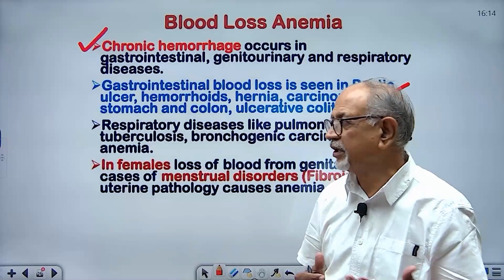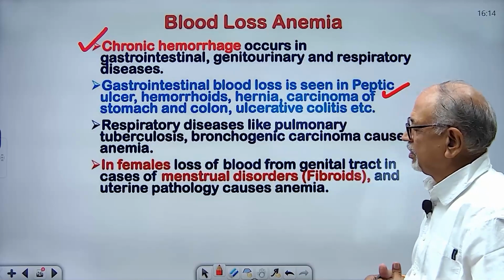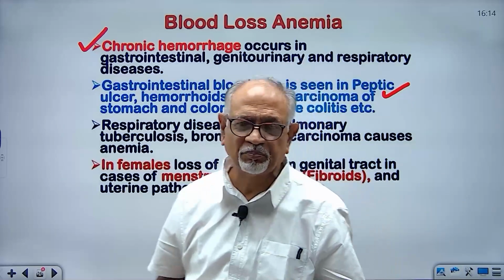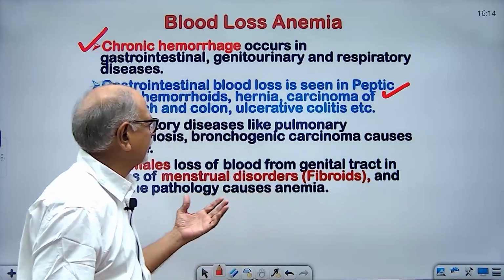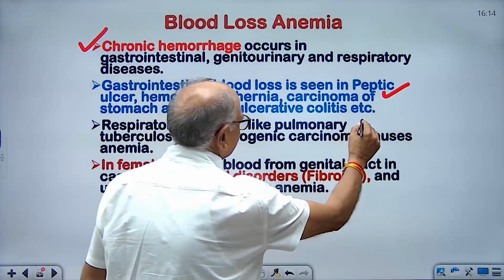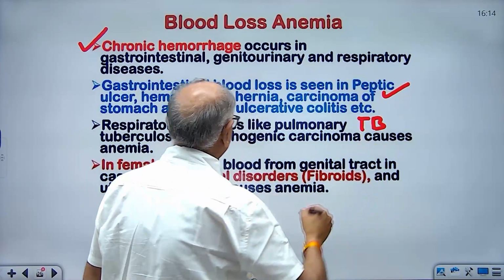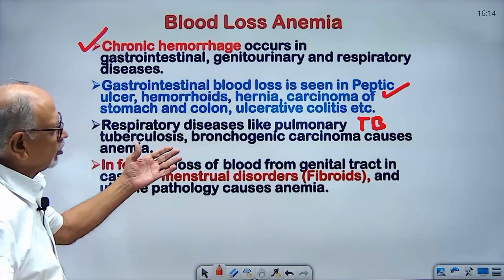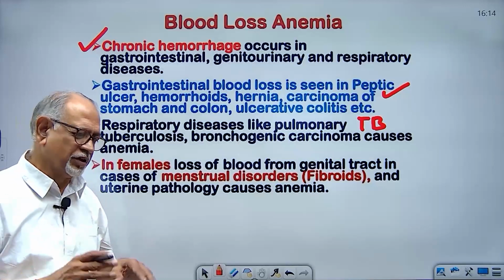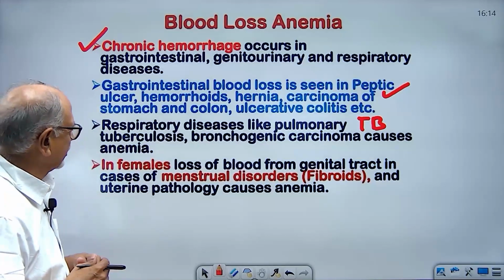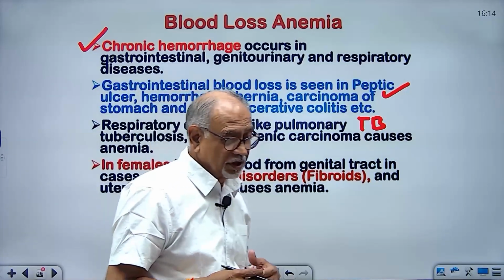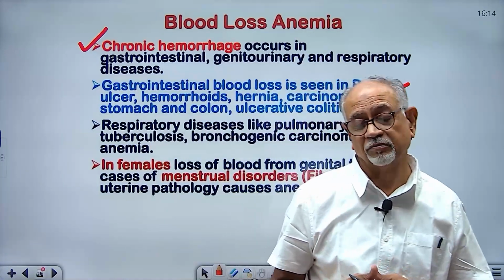so causing anemic conditions. Similarly, in case of certain respiratory diseases also, blood loss occurs sometime, like in case of pulmonary tuberculosis, TB, then bronchogenic carcinoma. In these two conditions, anemic conditions appear. In case of female, this is a very common problem in case of female.